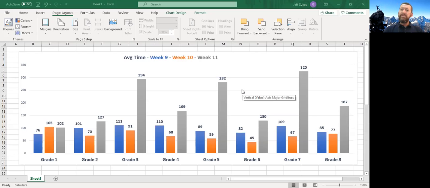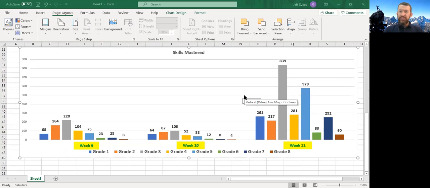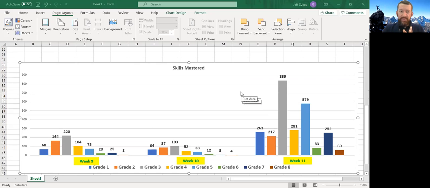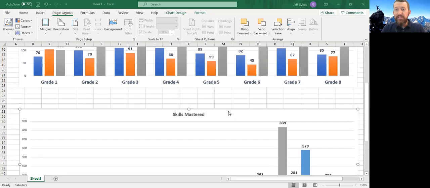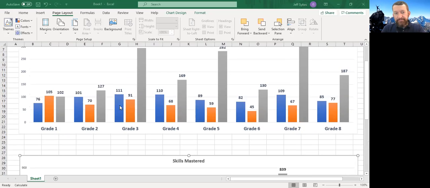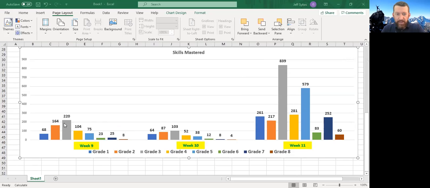Now, let's go to something that's even more important. If we go down, these are the skills mastered that the students are mastering during the time that they've spent. So if you look here and you see these low numbers in week 9 and week 10, this is week 9.